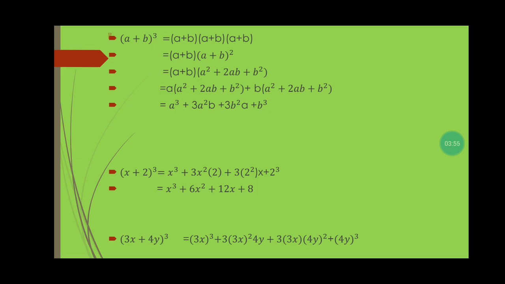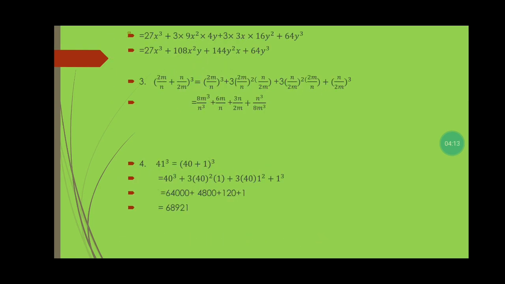I get 27x cube plus 27 into 4 x square y plus 9 into 16 xy square plus 64 y cube. Further it is simplified, so the answer for this is 27x cube plus 108 x square y plus 144 y square x plus 64 y cube.